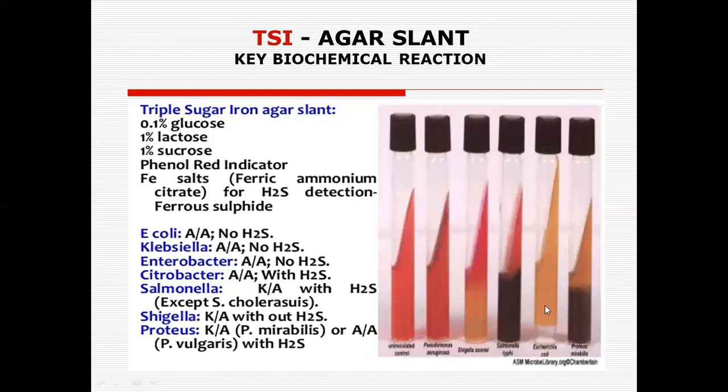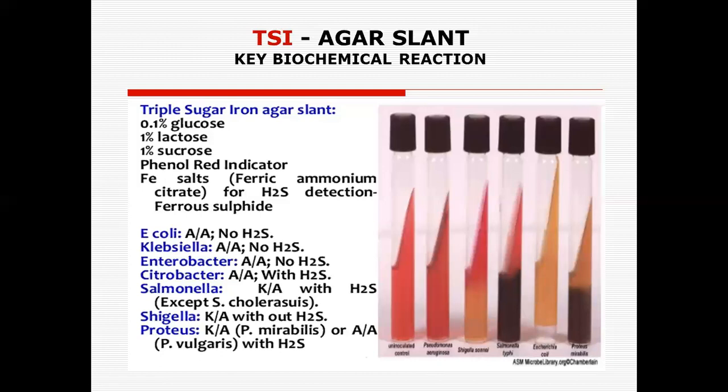This means that both lactose and sucrose have been fermented, and the entire butt and slant are yellow because of the fermentation. Now, if you look at this, the gas bubble has pressurized the butt, and the butt has been raised from the base. So this is fermentation of both lactose and sucrose with the production of gas.